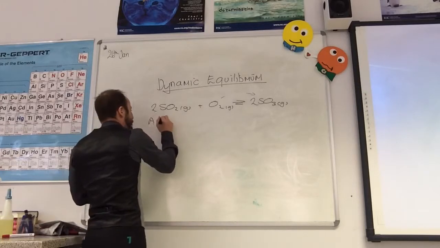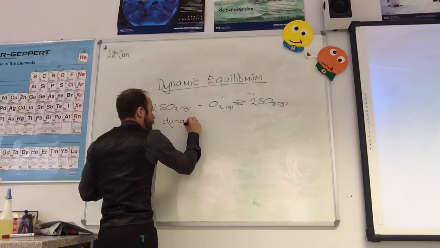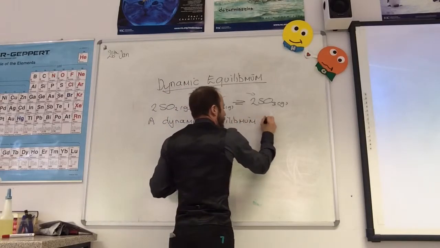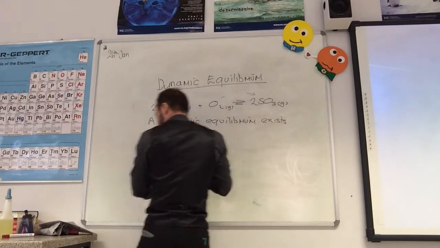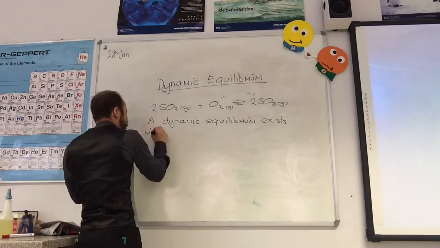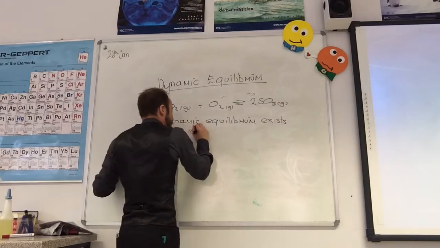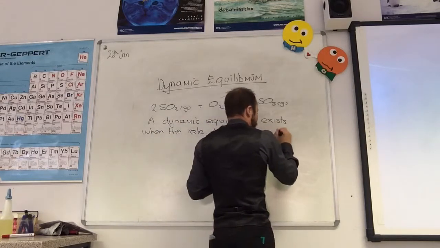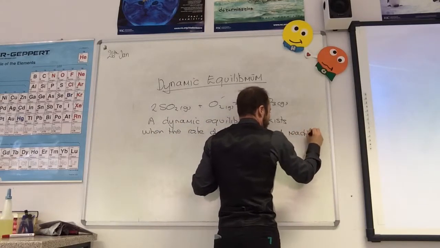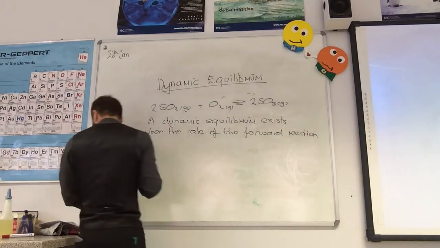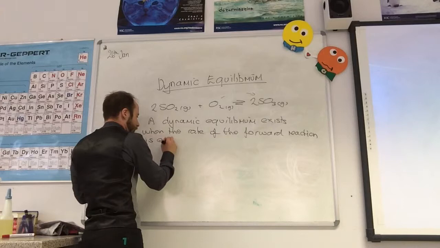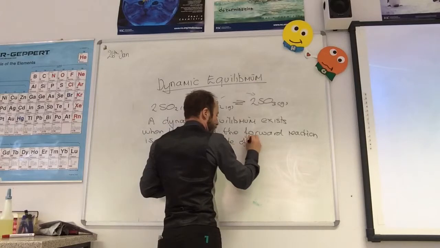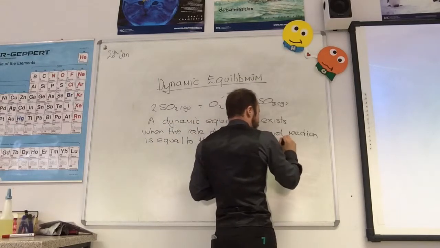We can say a dynamic equilibrium exists when the rate of the forward reaction is equal to the rate of the backward reaction.